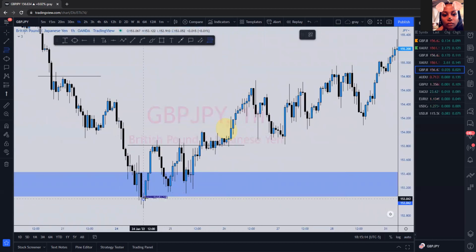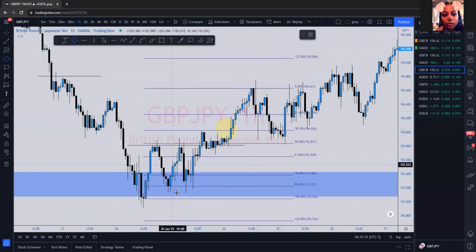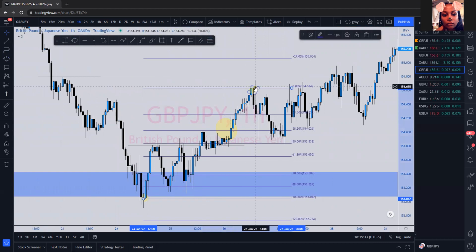If I go point A, point B, I'm taking it from this where price last found support here, right? And then I'm bringing it to this level. And I'm not bringing it to this level because at this time we didn't break. And at this time, we finally got to a PRZ level, right?